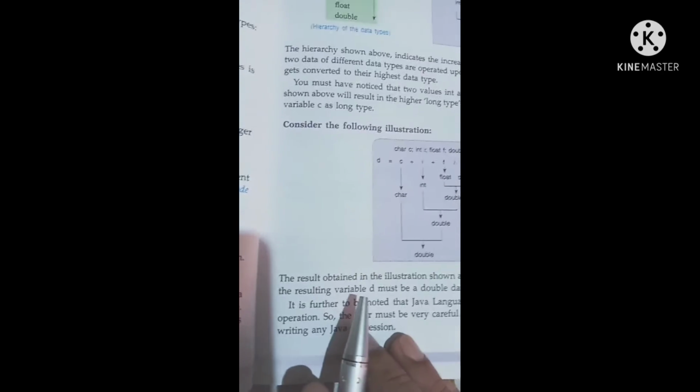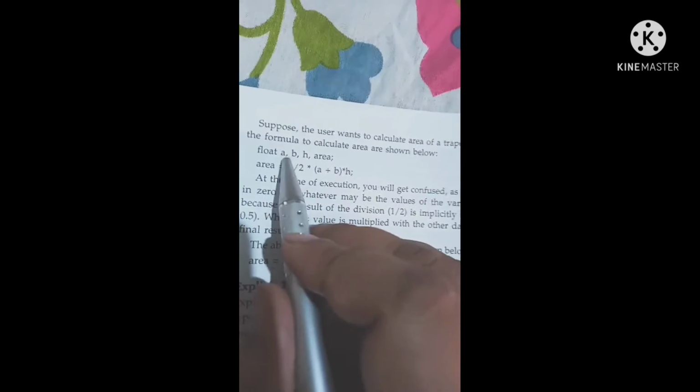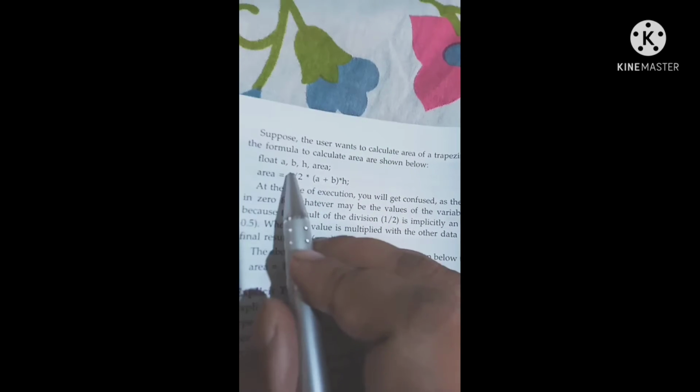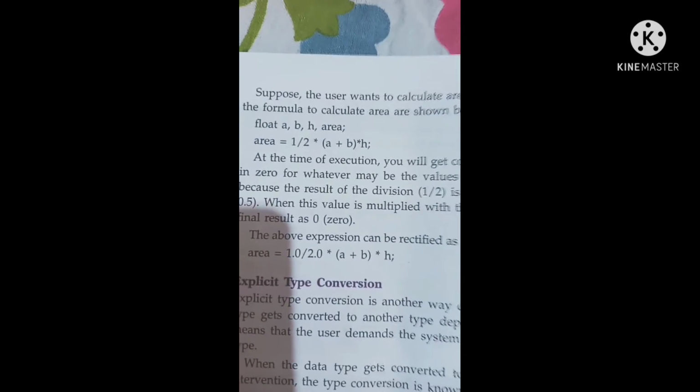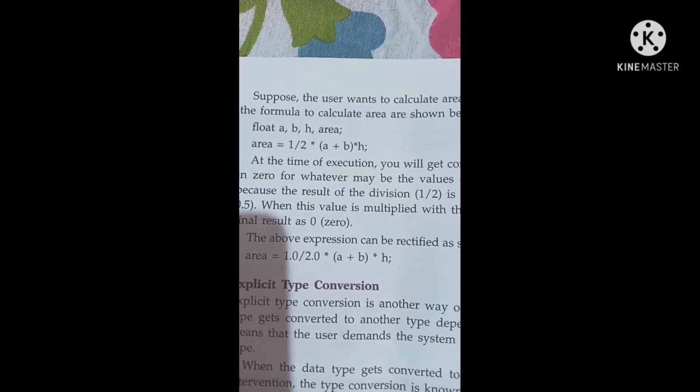Next, you see this. One example is given here. Suppose plot A, B, H and area. Area equals 1 by 2 into A plus B into H. By seeing this, I can say this will display the zero value. Why?